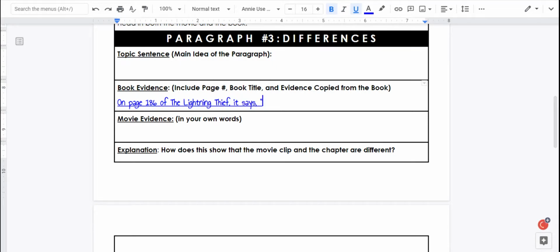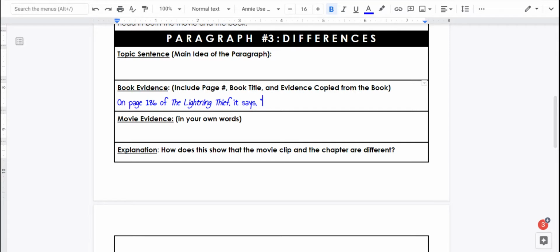it says, and again, if your text underlines or bolds, go ahead and change that. We want to make sure that our book title is italicized, make sure the book title is capitalized, and make sure you have a capital letter to start your sentence. Then we need to copy the evidence exactly how it is stated in the book.